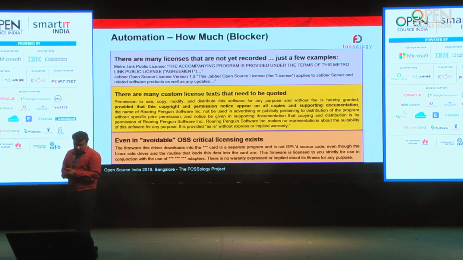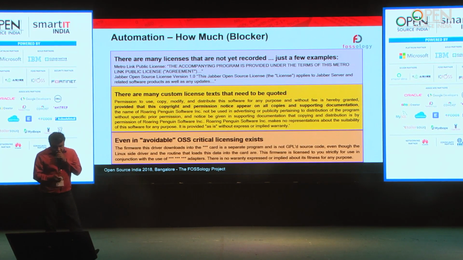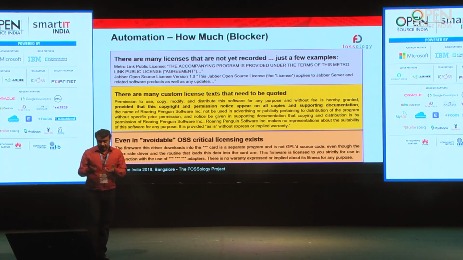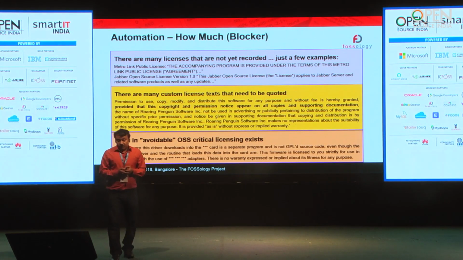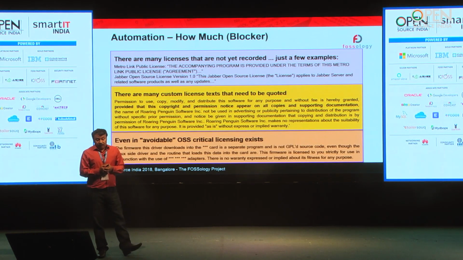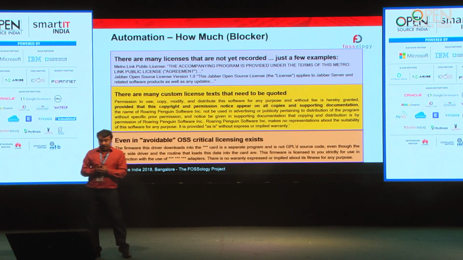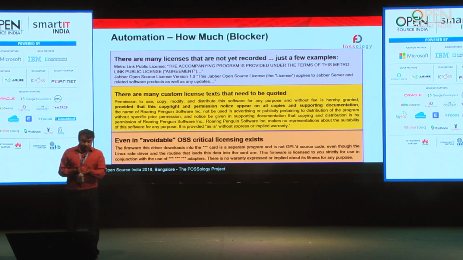So here, for example: this notice appears on all copies and supporting documents, the name of Roaring Penguin Software Inc. And then you have some avoidable OSS critical license, which also has critical license text. Like this firmware, this driver download into some card.